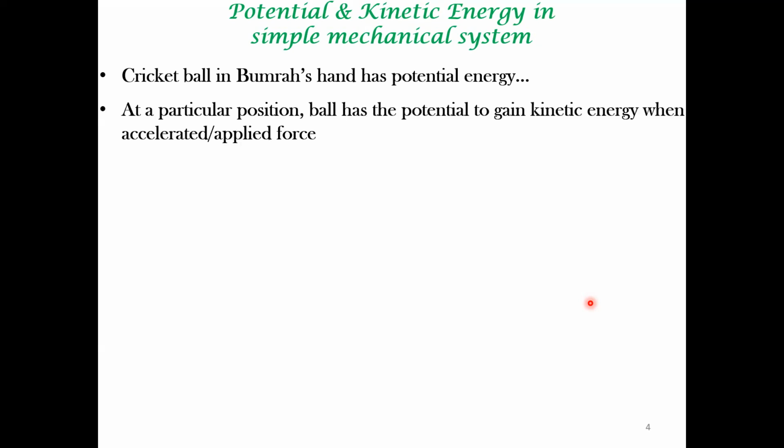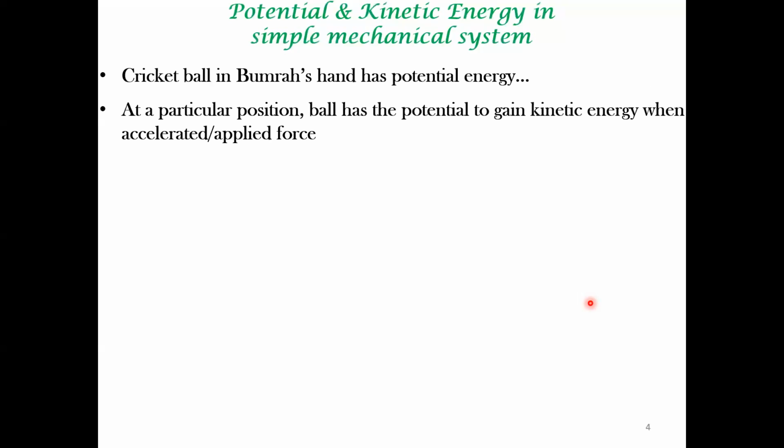And then we also go beyond work to define what is kinetic and potential energy, again, in a simple mechanical system. So for example, if there is a cricket ball in Bumrah's hand, it has potential energy. What exactly do you mean by that?